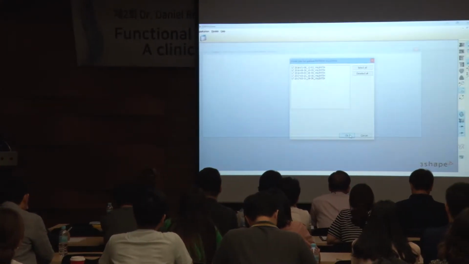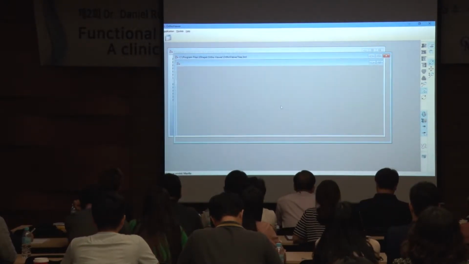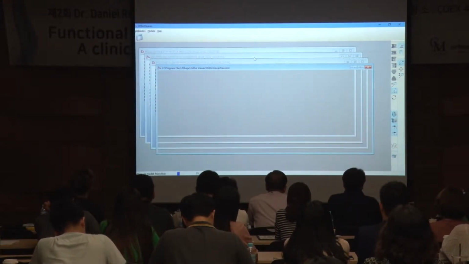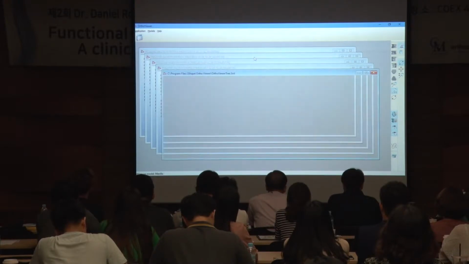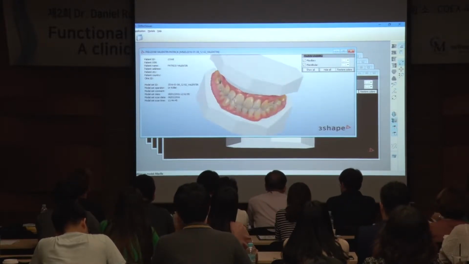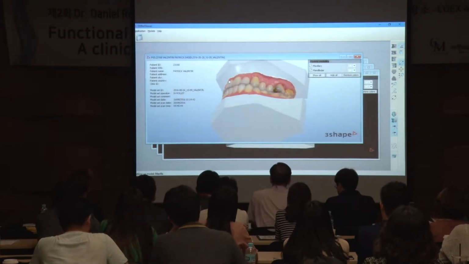Before Quadrix it was like this, after Quadrix it was like this.